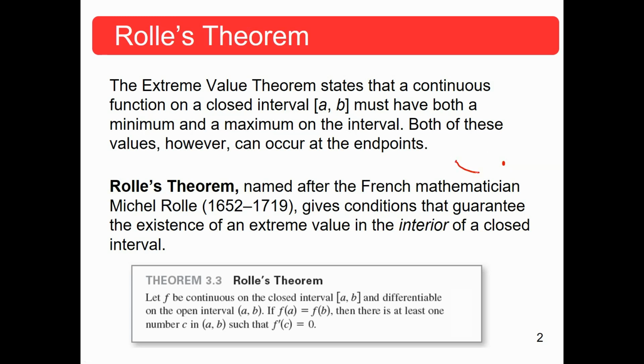It could go down like this and I have 1. It could go like this and I have 1, 2, 3, 4, 5, 6, 7, 8. All I know for sure is that if the endpoints have the same y value, there has to be at least one point in there of horizontal tangency.